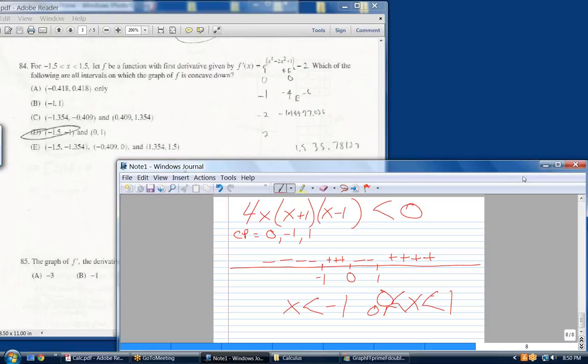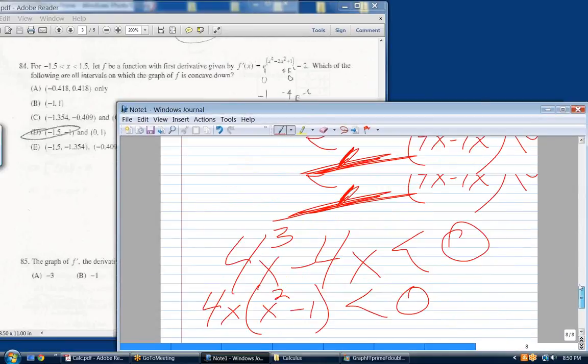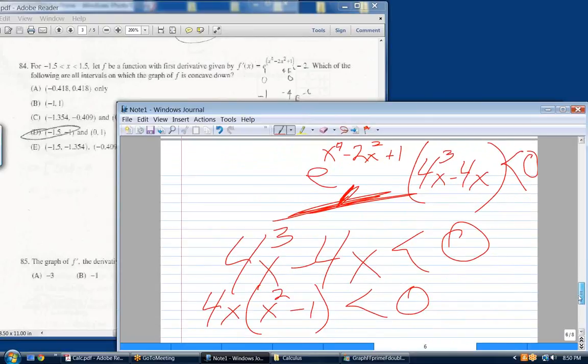All right. The trickiest part about this problem was recognizing that this is always positive. Because then we can just solve this. It would be a difficult problem if I had to solve when this whole thing is less than 0.